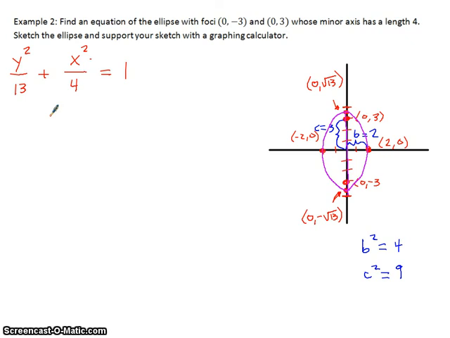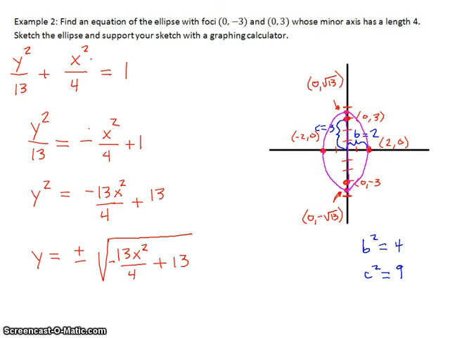We also need to support the sketch with a graphing calculator, which means we need to solve for y. So I've solved for y down here at the bottom, and what that means is we need to plug in two different y equals into the calculator, one for plus and one for minus.